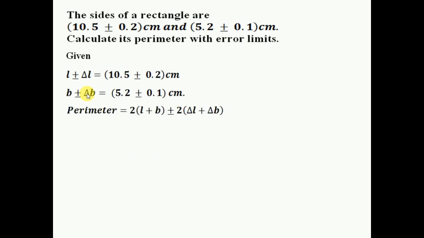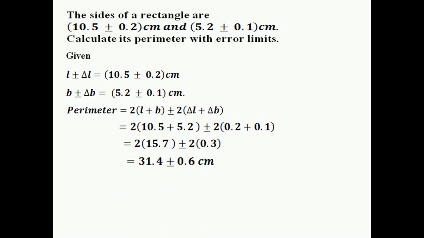So we know perimeter is 2 times length plus breadth, so I have to add the error also 2 times. Out here you can see L and B are 10.5 and 5.2, and errors are 0.2 and 0.1.